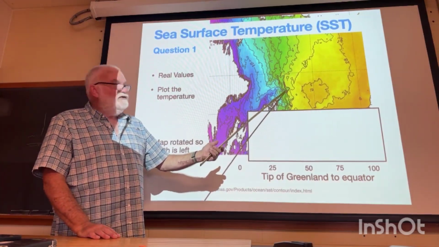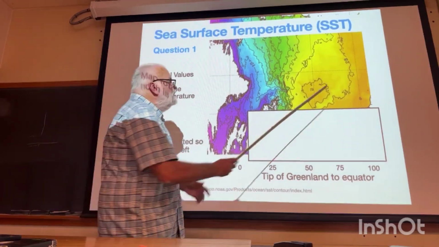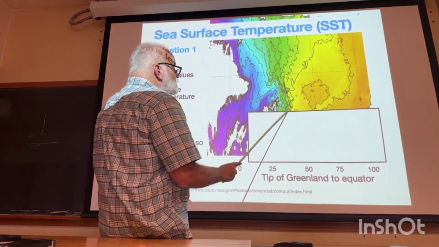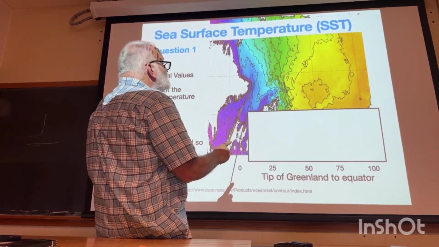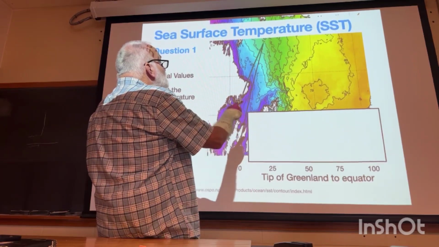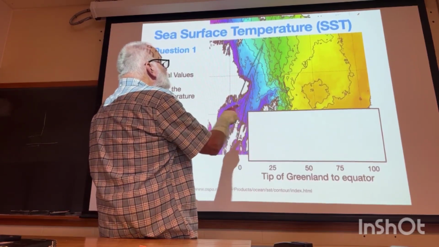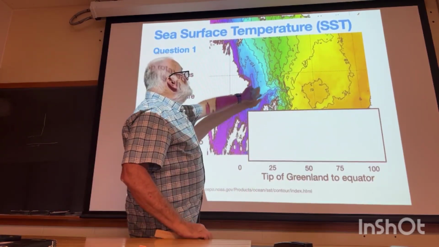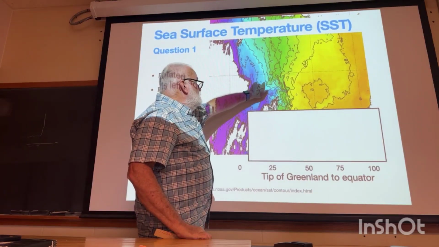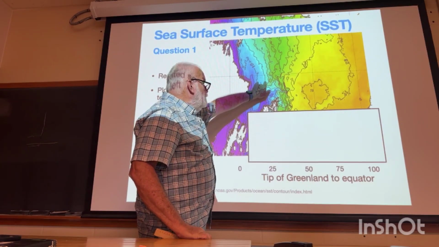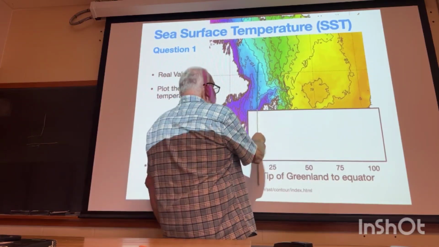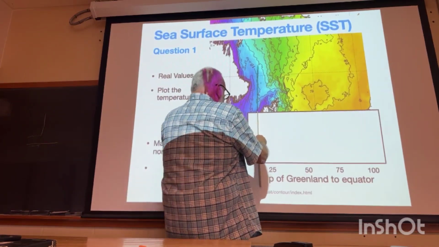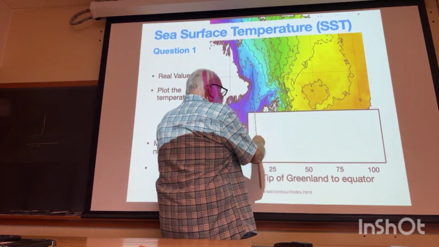It's going to be the sea surface temperature. That line's the 28-degree contour. This is 10. That's 28, that's 16. So these are going to be 16, kind of 3 degrees between them. So basically what we want to find is there's 10 degrees, make a y-axis.